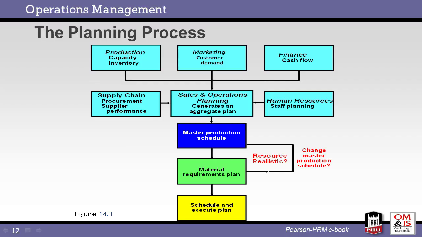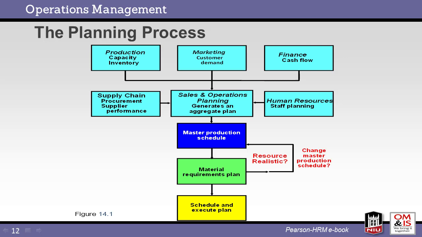This diagram shows the planning process. Inputs include production capacity and inventory, customer demand, and cash flow. Other inputs include procurement and supplier performance and staffing. Based upon these inputs, an aggregate plan is created which feeds the master production schedule. This schedule defines the manufacture of specific products.